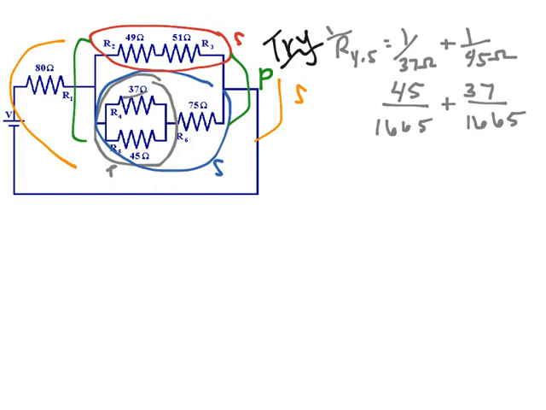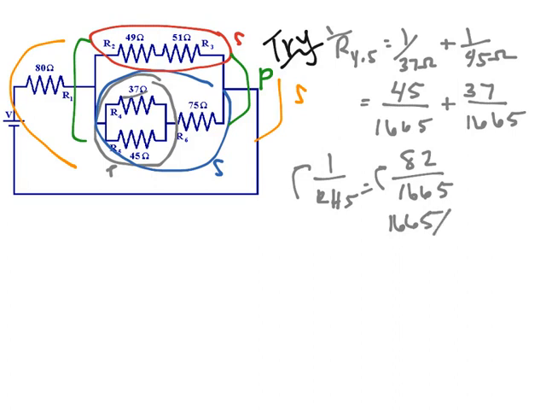Add 45 and 37. You get 82 over this. Then flip both of them. Equals about 20 ohms.